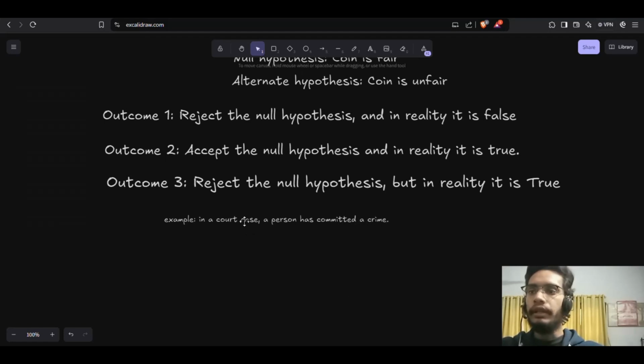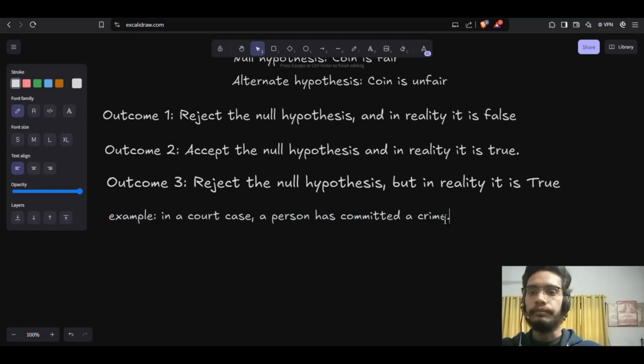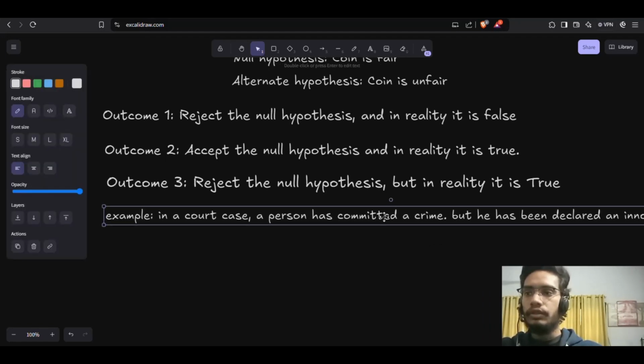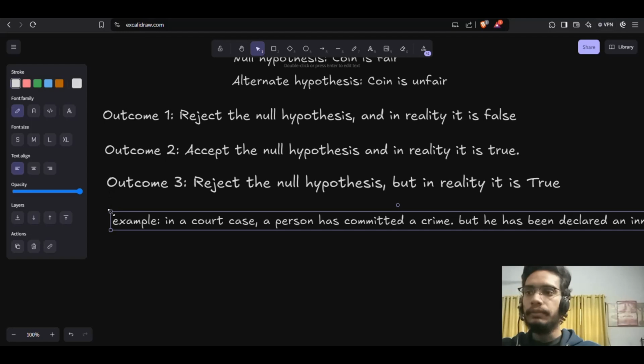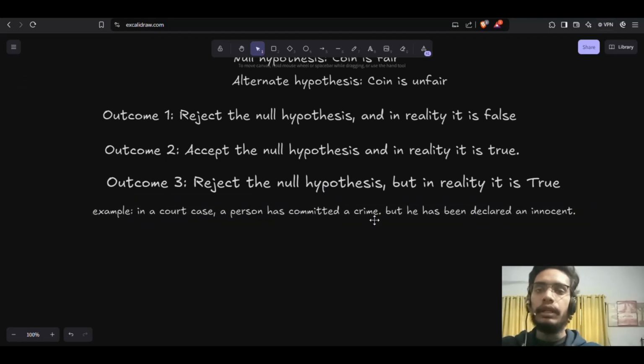So in reality, a person has committed a crime, but he has been declared innocent, right? So in this case, he has been declared innocent and he has been released. However, he has committed a crime, right?